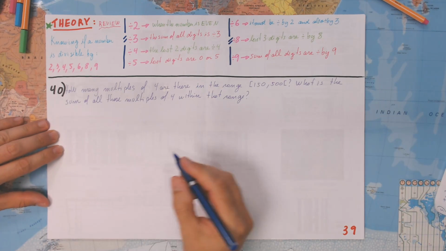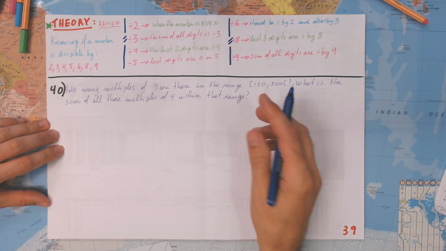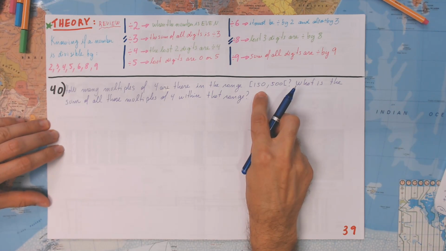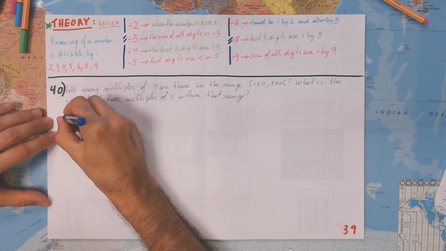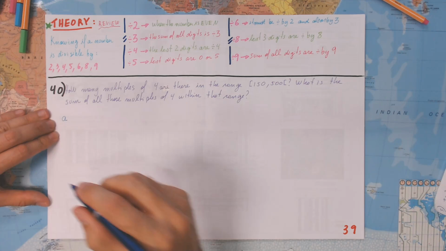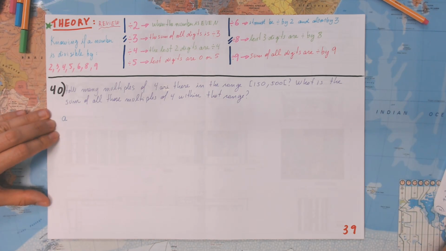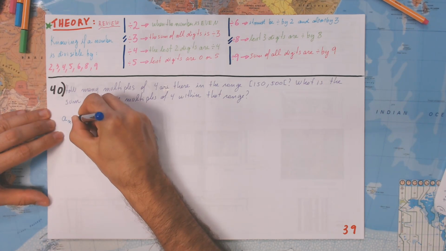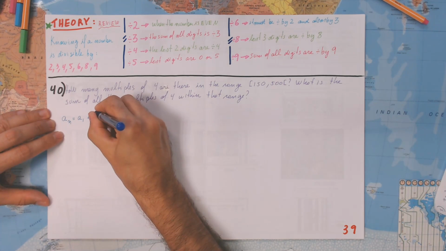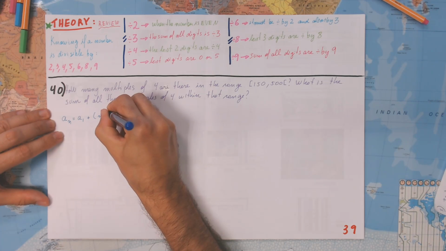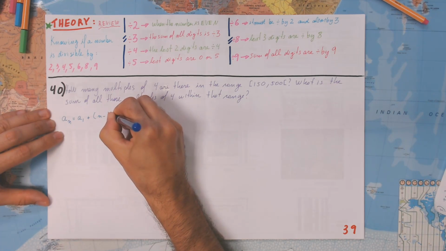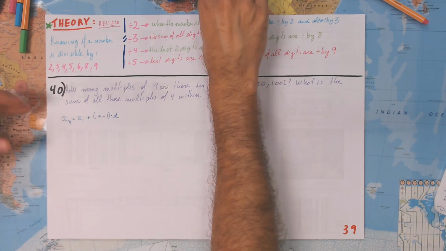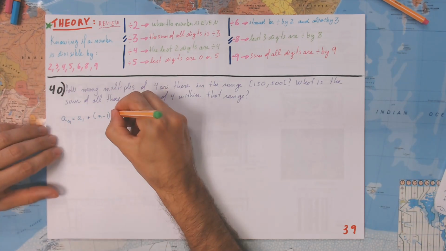The first thing we have to know is how many are there. To know that, we have to know this. A sub n, the last one, is going to be the first one plus n minus 1 times d. Well, d in here is going to be 4, right?